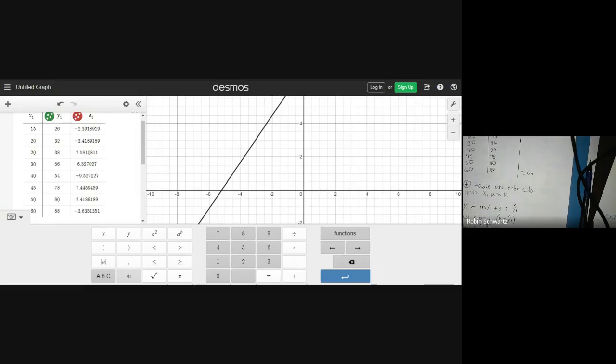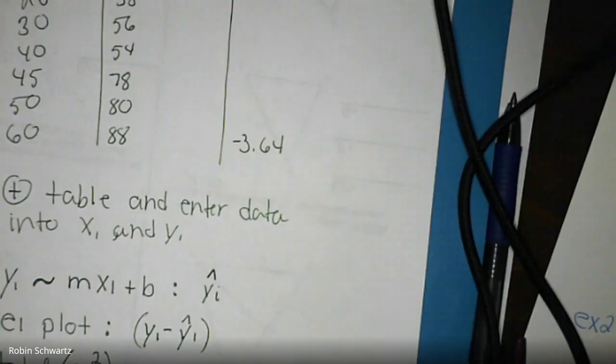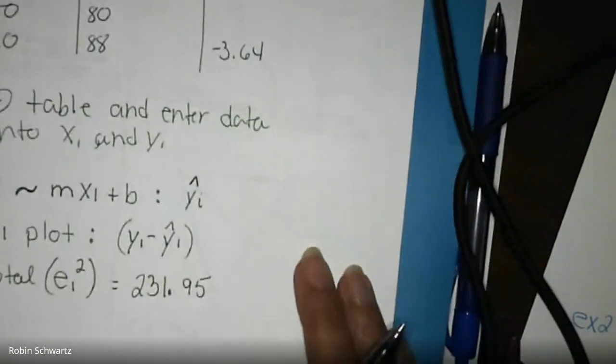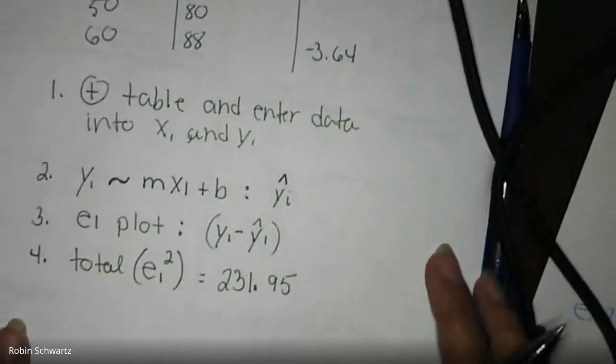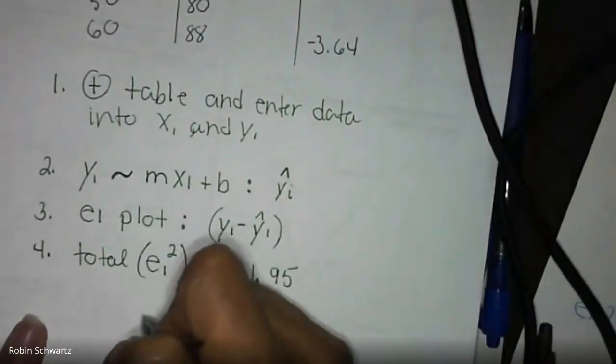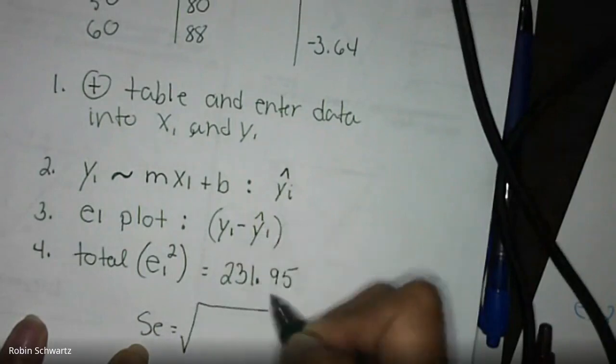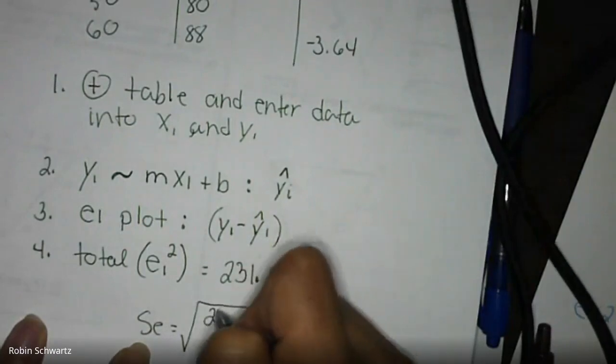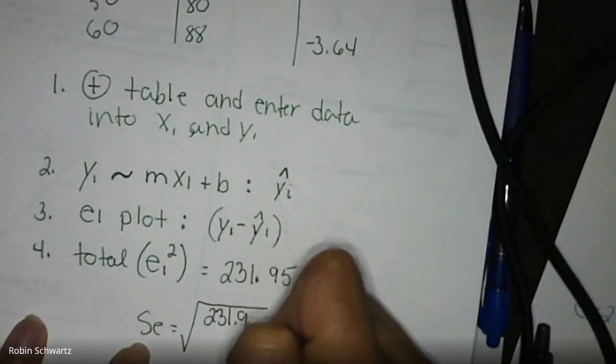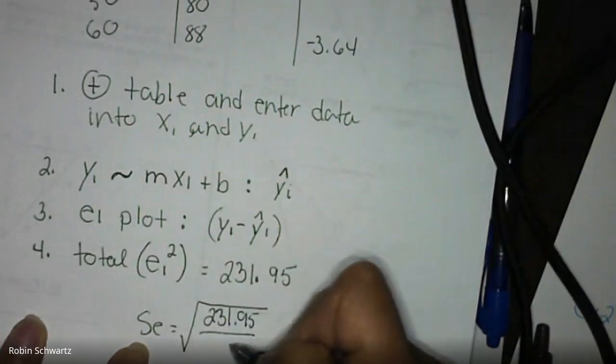Okay, now we're ready to finish this up. So I can stop presenting and finish up. So we can find our S value by taking the square root of that total that we just found, 231.95, and dividing by n minus 2.